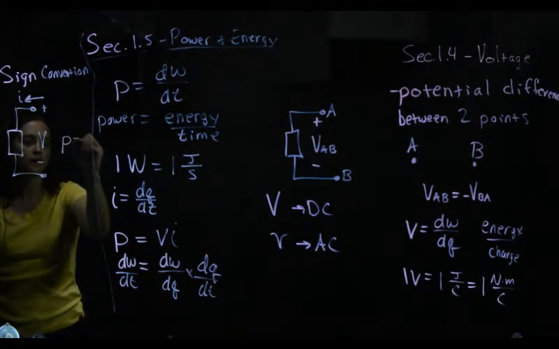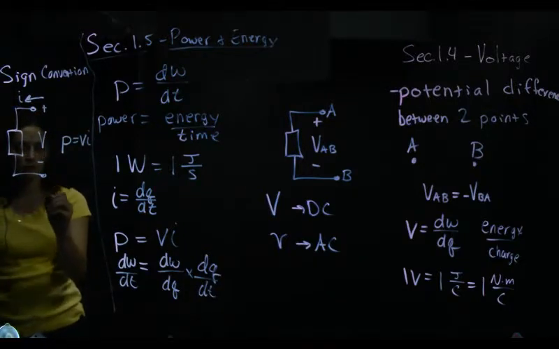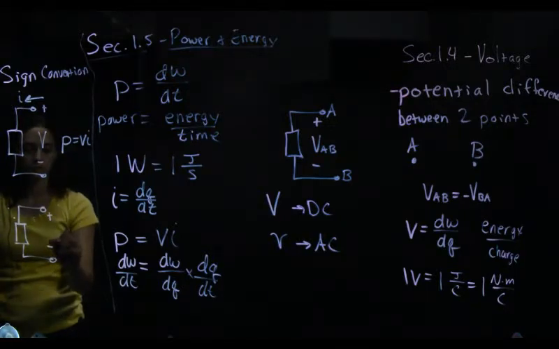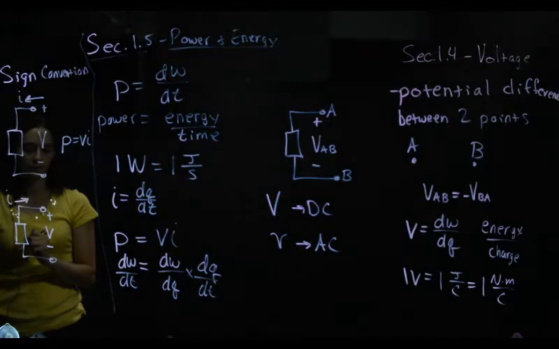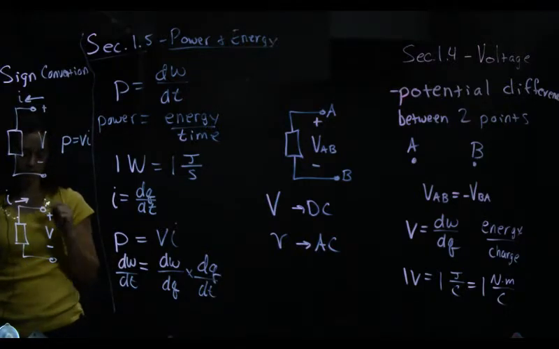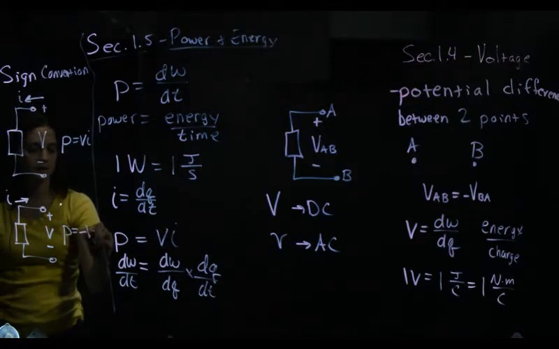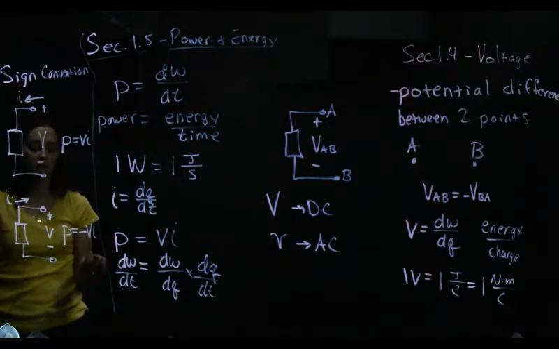So I say P equals positive VI. Now if I have my current going the other way, so same polarity on my voltage, my current is going this direction, so it's coming around here, then I say P equals minus VI. That's the passive sign convention.